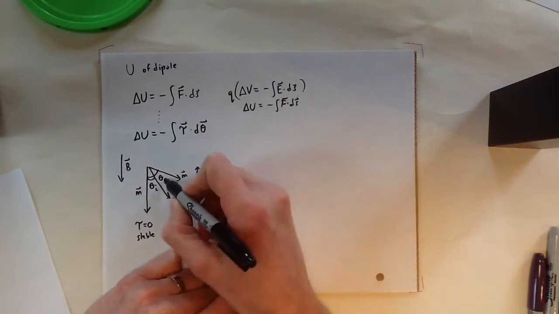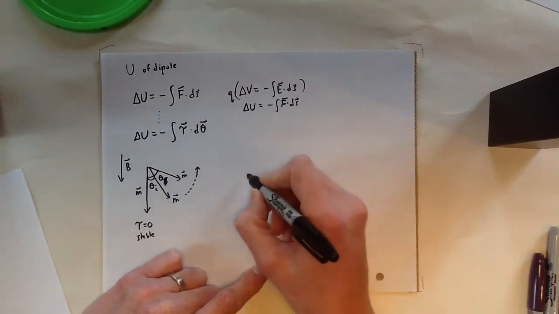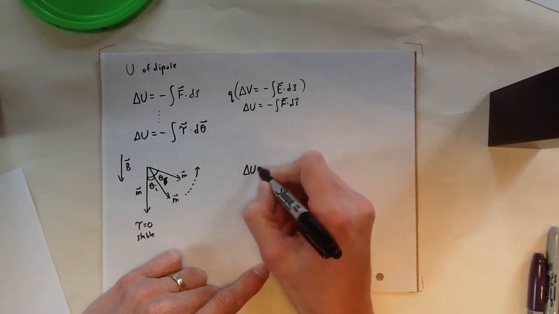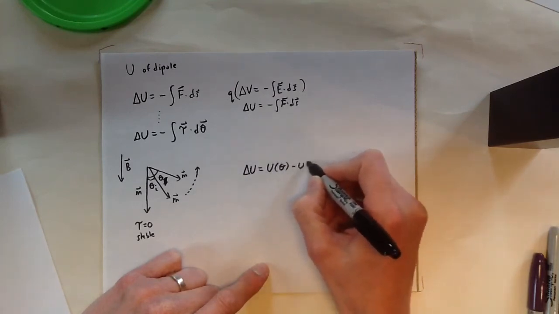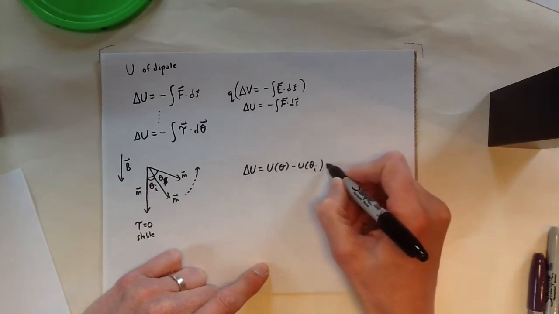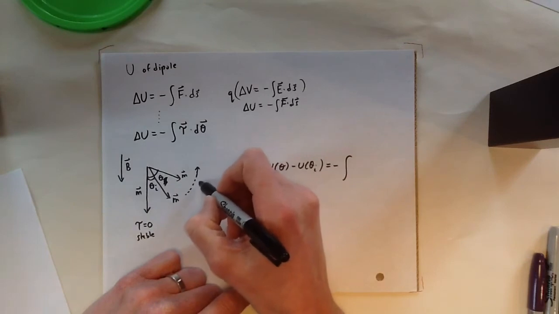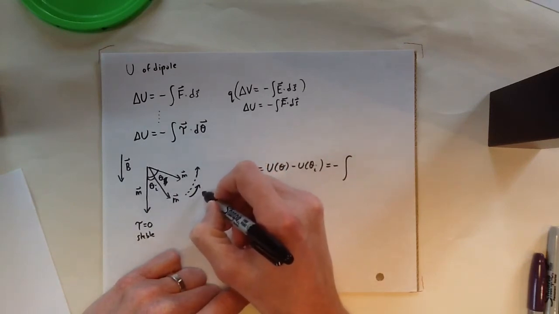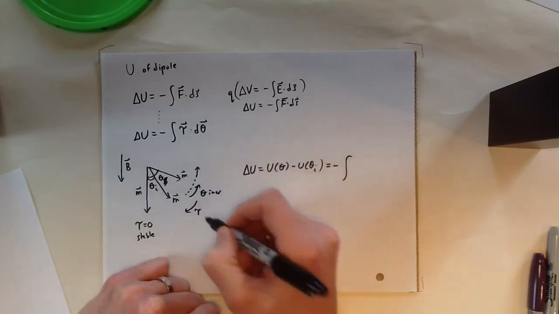Let me just call the final angle some random angle theta. So delta U is going to be the difference between the potential energy at my final angle minus where I started. And that'll be minus, and here I have to be careful because I am lifting it to a larger angle, so my change in angle is increasing, but my torque is actually fighting me.